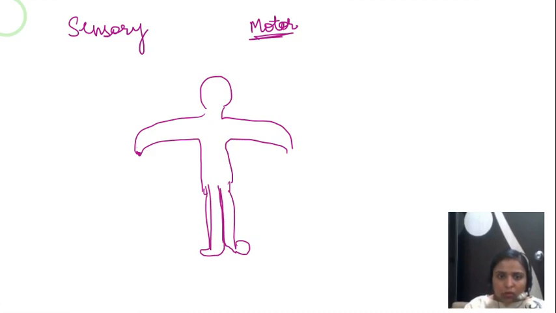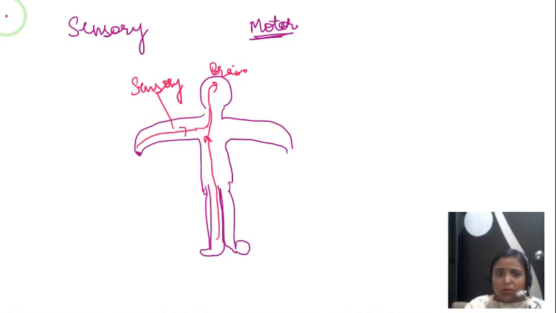So if the sensations are taken from the upper limb or from the lower limb, and they are going upwards and processed in the brain, right? So these are called your sensory neurons. This is also done through the help of neurons, or the nerve fibers, right? Your nerve fibers or neurons are taking the information from different parts of the body to the brain, right?